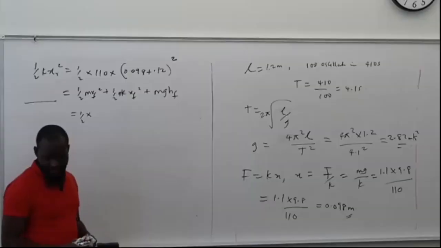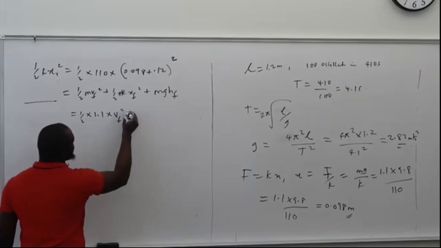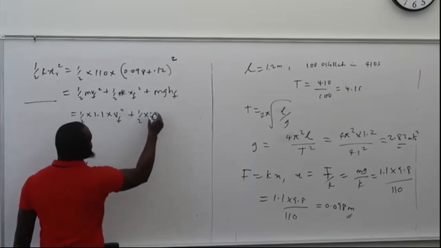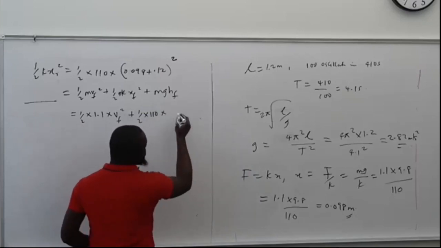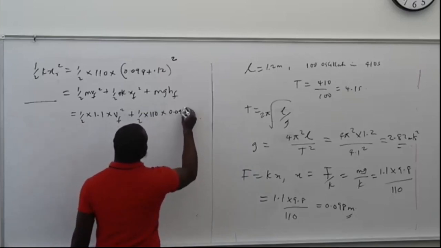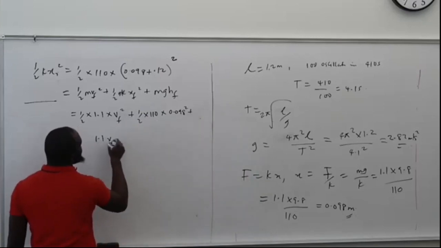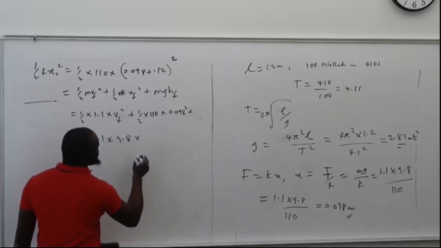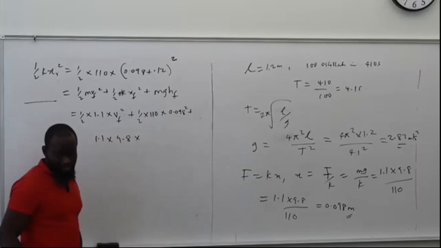So let me stop sharing. Half times 1.1 times v final squared plus half times 110 times x final squared. So it passes where it started from, 0.098 squared. Plus mgh is 1.1 times 9.8 times the h.